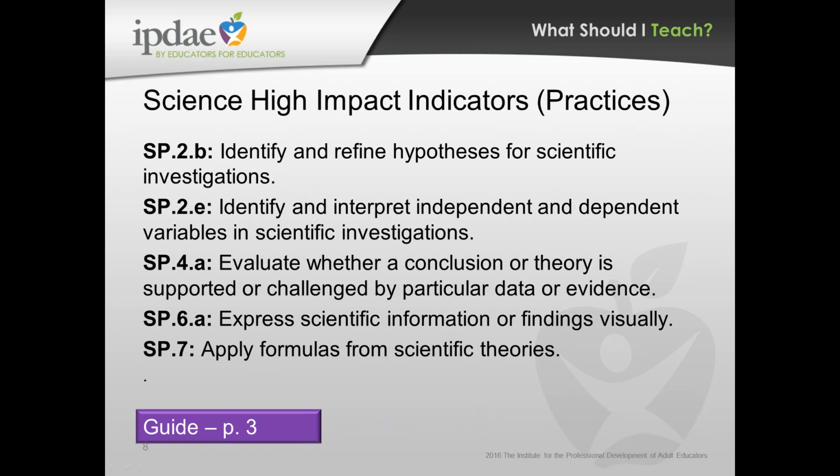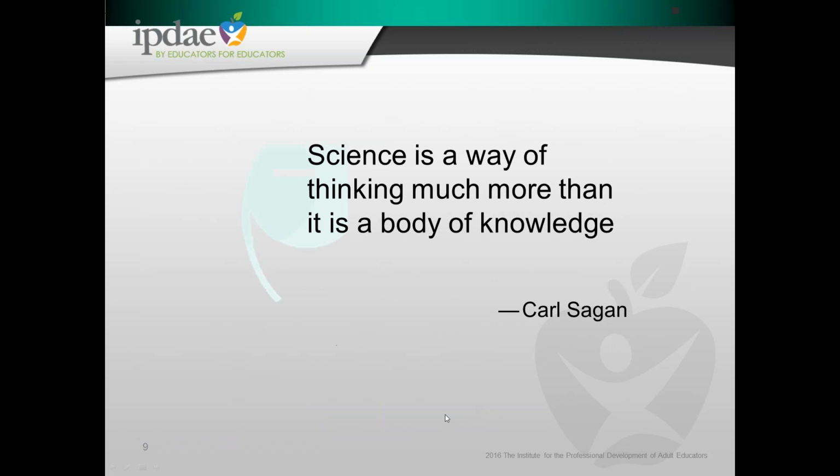So let's talk a little bit about how we get there. Because one thing we all know is that the GED test is a lot about reasoning. That means thinking. And as Carl Sagan said, science is a way of thinking much more than it is a body of knowledge.